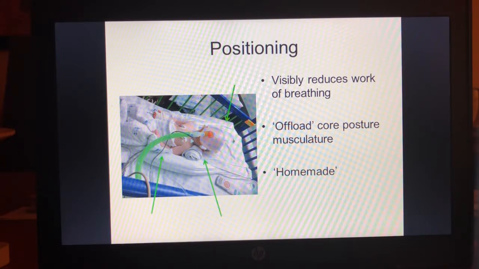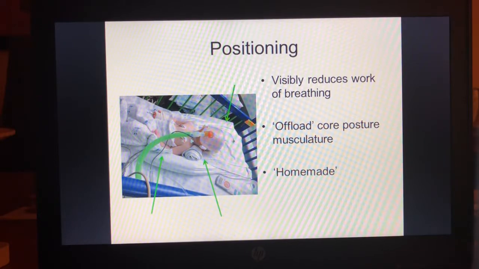We move on to the subject of appropriate positioning of infants, and the importance of this really is to reduce the work of breathing, particularly from the core muscles which are related to the posture of the abdomen.